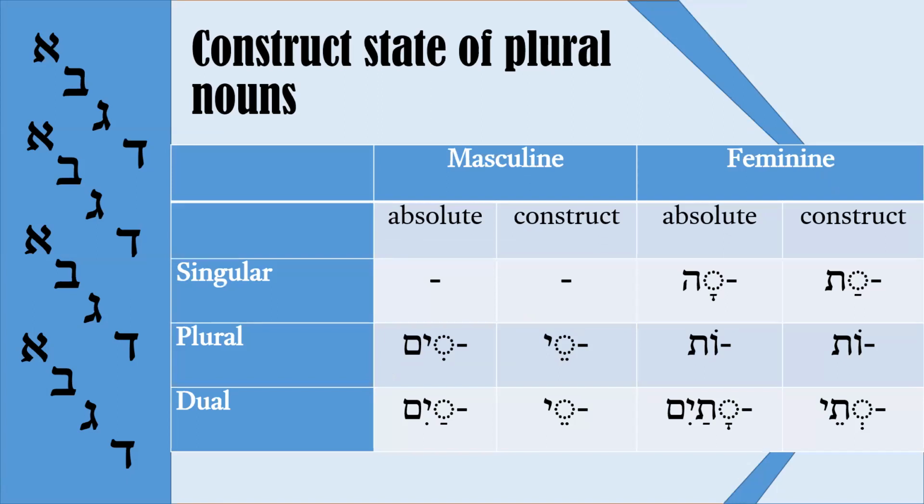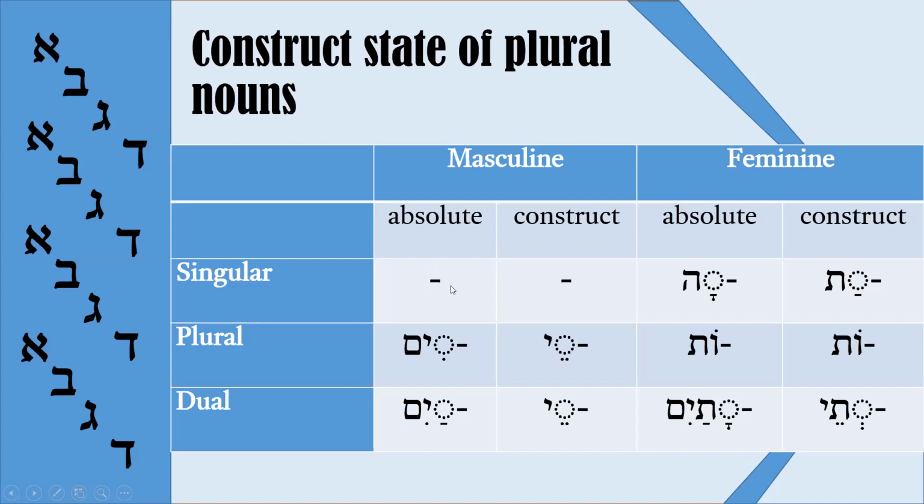And actually, this is a comprehensive table which shows all the changes that happened with the nouns. Let us see the singular. In the singular, we can see that there is no ending. So davar, devar, only the reduction of vowels takes place.